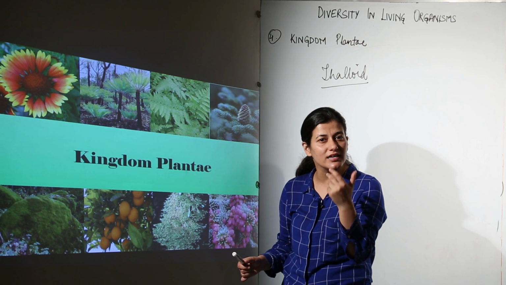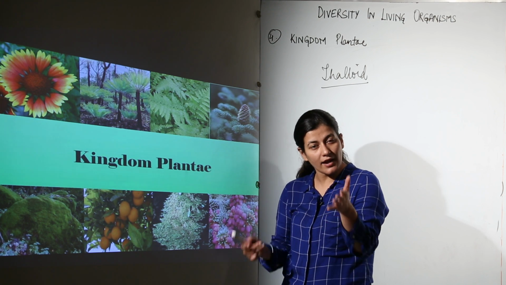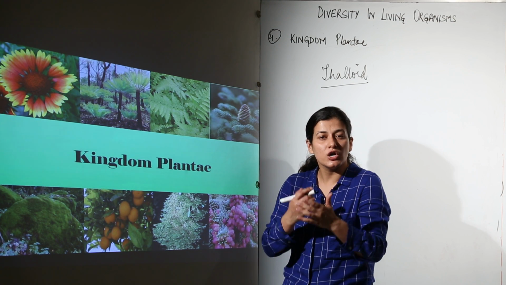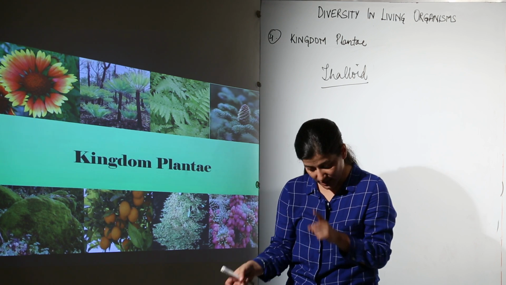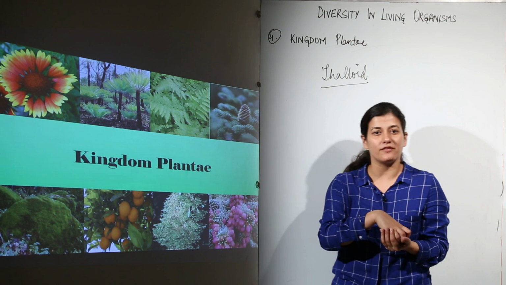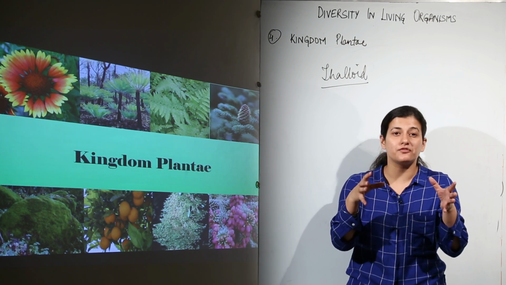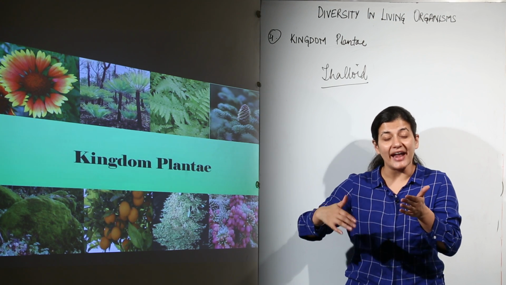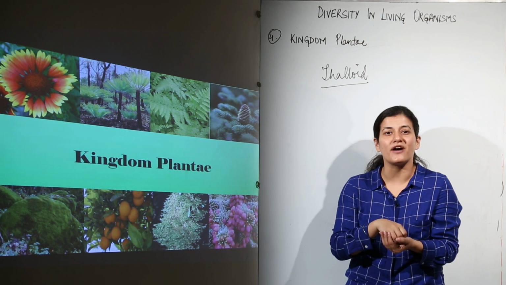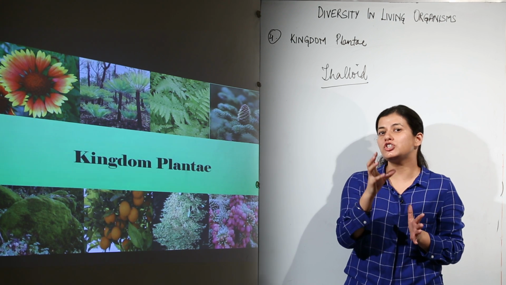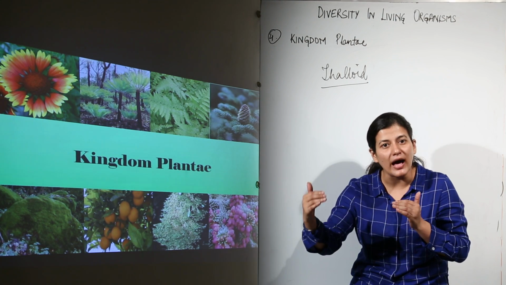Apart from that, when we go to higher classification classes or taxons, the criteria is whether there are tissues present and what type of tissues are present through which the conduction of food and water takes place. Please keep in mind that at the lower level, classification depends on whether the body is well differentiated into tissues and organs, and at the higher stages, it is identified on the basis of which tissue is responsible for the conduction of water and food through the plant organs.